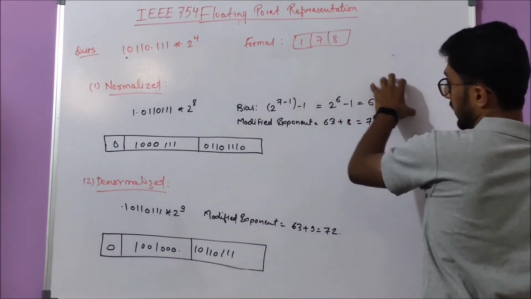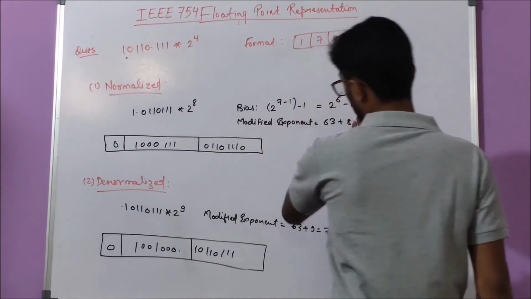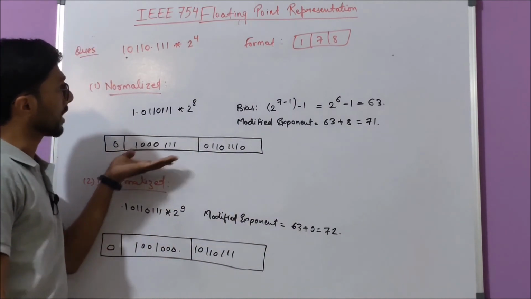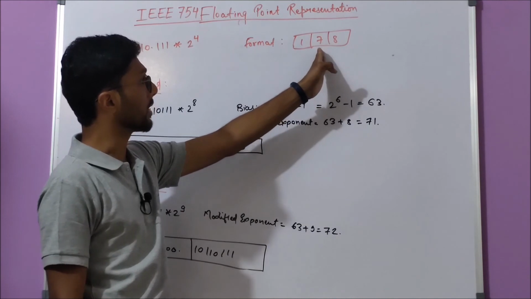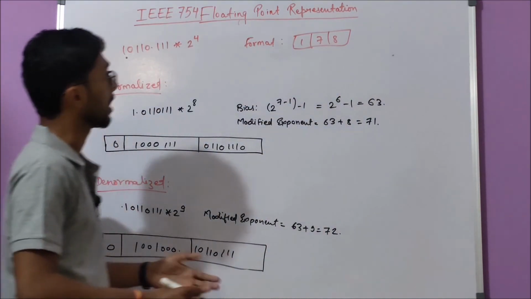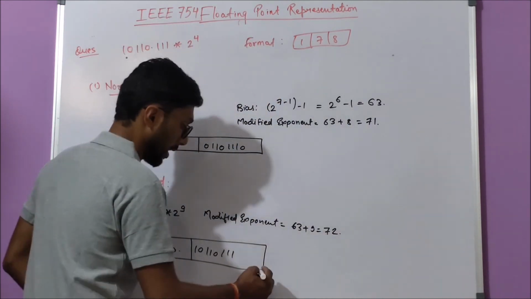Now using bias and exponent we get modified exponent. We have all the values, converted them into binary form and put into this form using the length of sign bit is 1, length of modified exponent is 7, and length of mantissa similarly this. So that's how we convert a number in floating point.